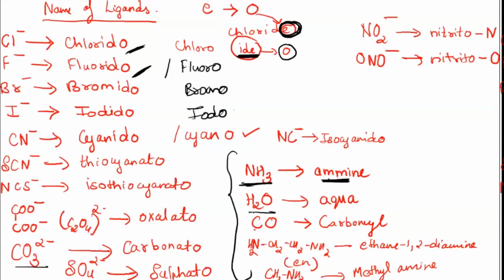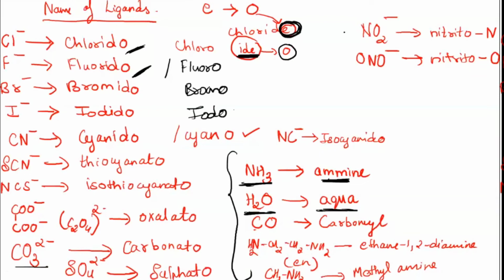If it's water, H2O, then it's called aqua. If it is CO, capital C and capital O, it's carbonyl. Then we have organic ligands: NH2 CH2 CH2 NH2 is ethane 1,2 diamine. If it is CH3NH2, then methylamine. Then we have ambidentate ligands like NO2 minus.